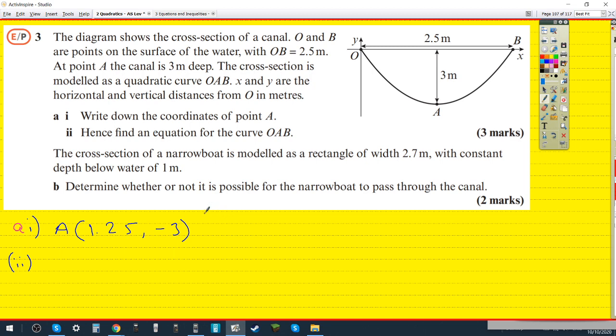Or would that be wrong? No, that's wrong. This is the minimum point. When do you get a minimum? Is that in completing the square? Yeah. So you put it into completing the square form.